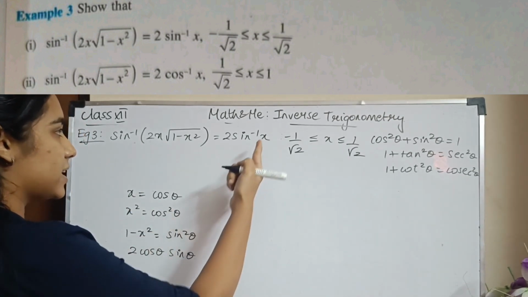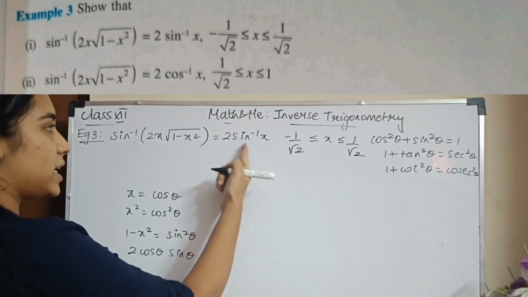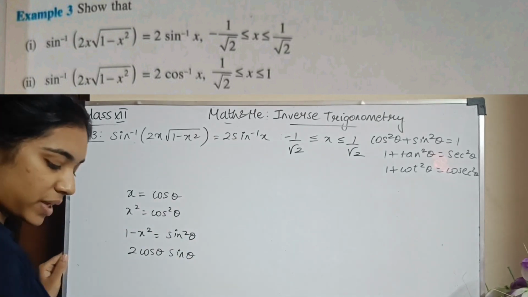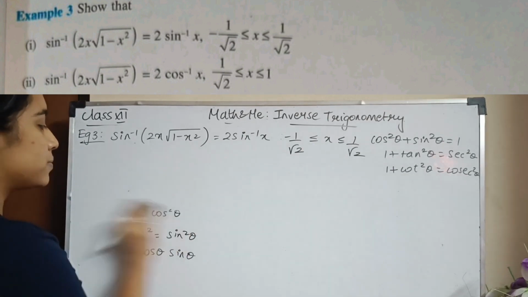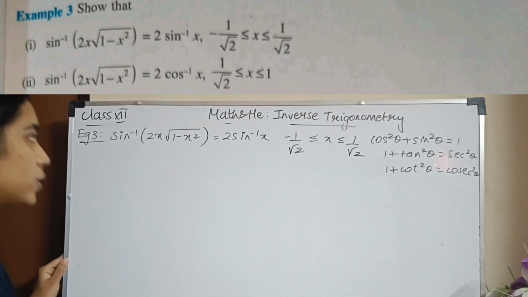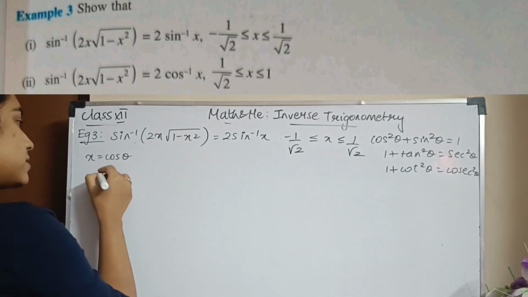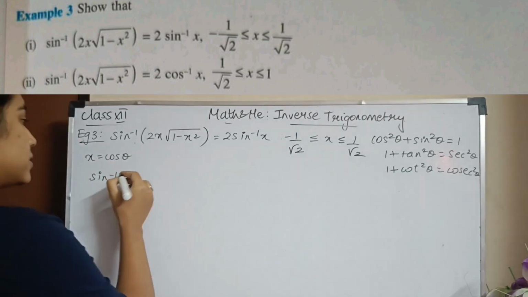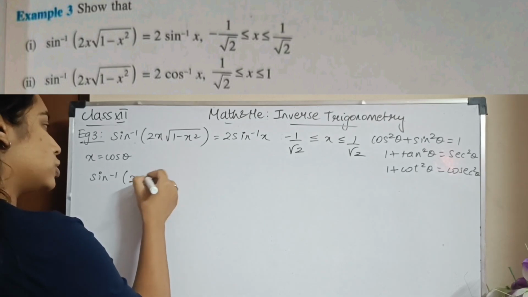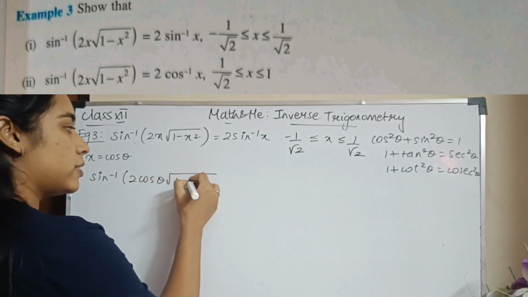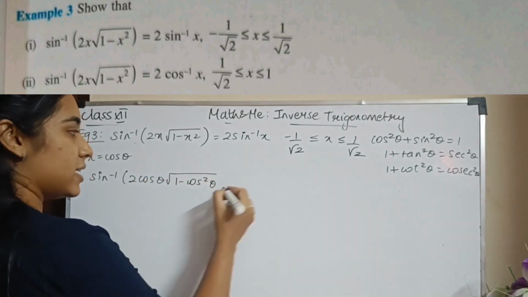Correct? So in that I need my value to be equal to sin inverse of x. Correct? Now what happens if we follow this? When I write x equals cos theta, what are my steps? Sin inverse of 2 cos theta square root of 1 minus cos square theta.